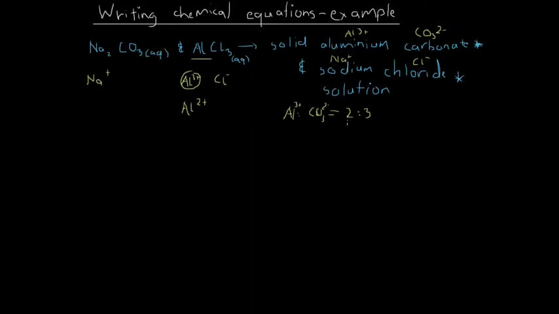This is because 2 aluminium charges will have a total charge of plus 6, and 3 carbonate ions will have a total charge of minus 6, and so they will cancel. So the formula is going to be this.